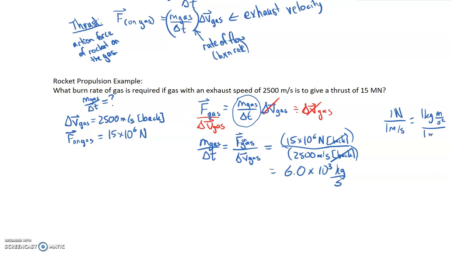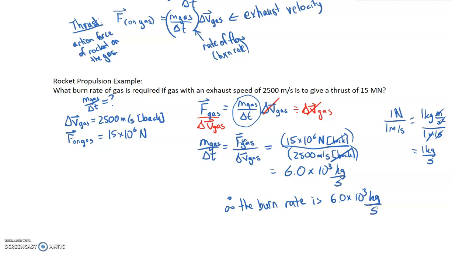So meters cancel out, the second cancels out with that second, and we're left with units of kilograms per second. In other words, that means that the burn rate must be 6,000, 6.0 times 10 to the 3 kilograms every second.